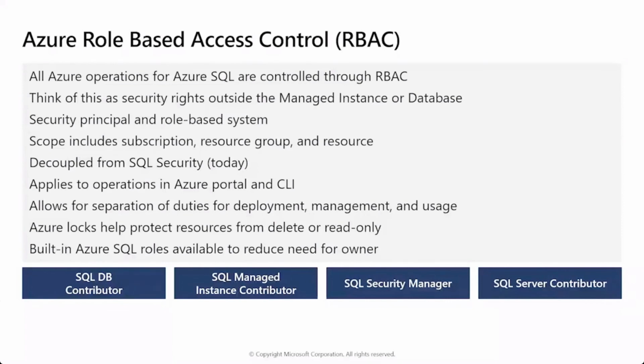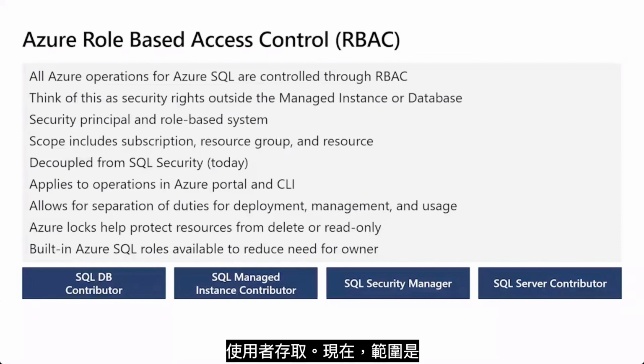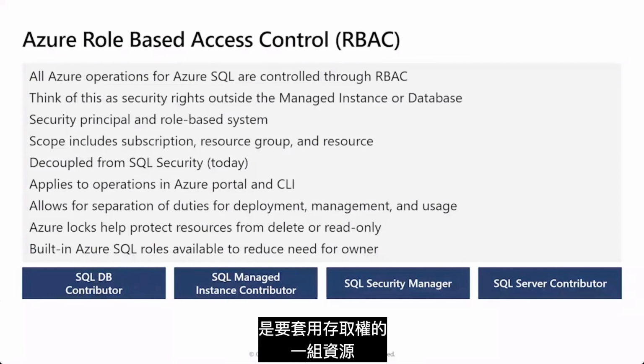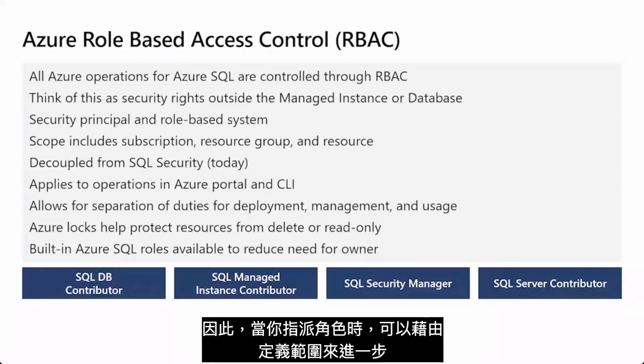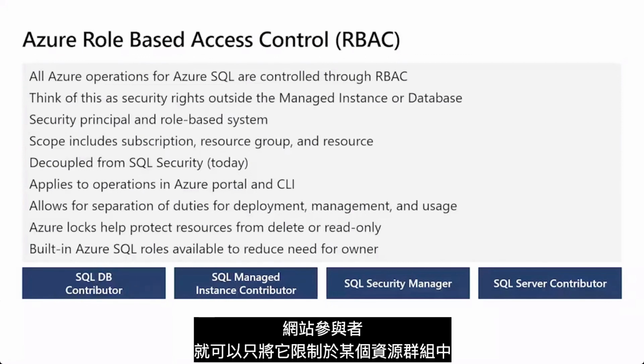And the user access administrator role allows you to manage user access to your Azure resources. Now, a scope lists the set of resources that the access applies to. So when you assign a role, you can further limit the actions allowed by defining a scope. This is quite helpful, for example, if you want to make someone a website contributor, but only for one resource group.